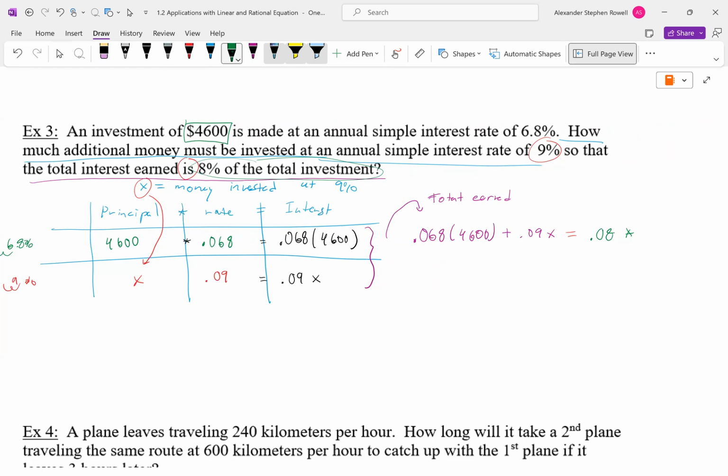How much should I invest total? 4,600 plus X. All right, so it's another unknown. So I'll write that here. 4,600 plus X is total principal. And I'm going to put that here.